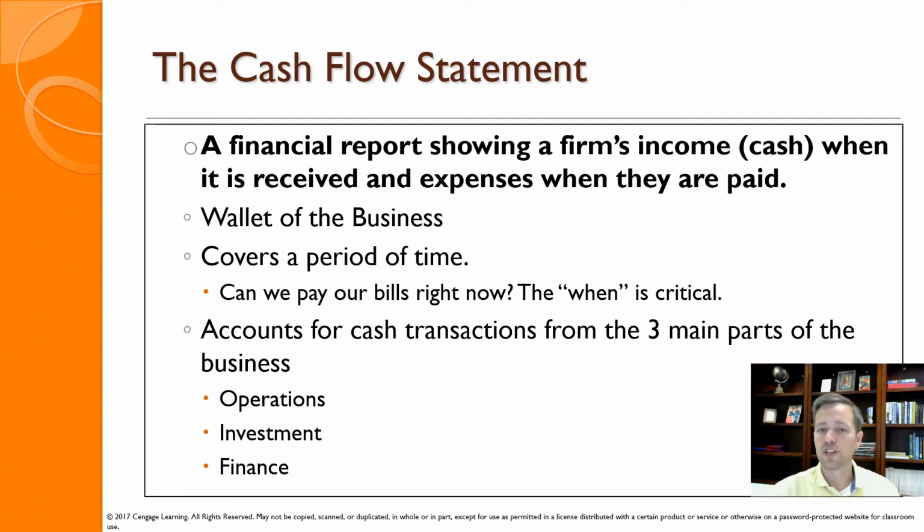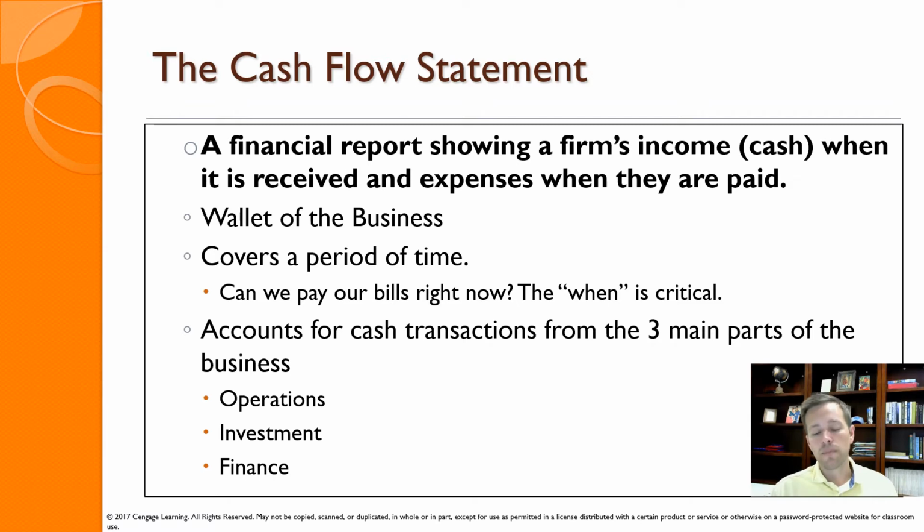The difficulty is just in all the details of keeping up with it, because for businesses, you make dozens of transactions in a day, all right? So this is a statement that covers a period of time and chronicles every transaction that the business makes. It changes multiple times per day.